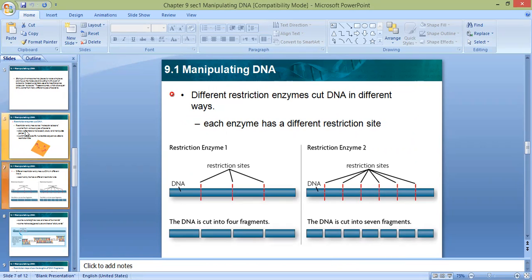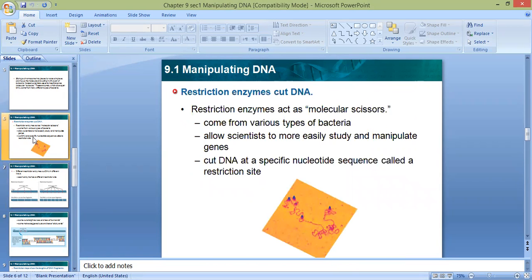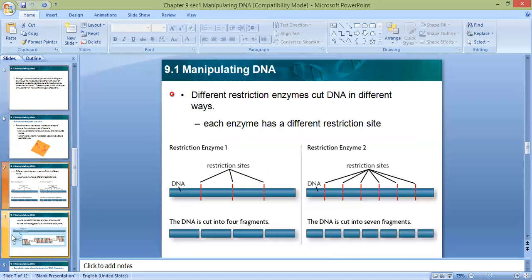We said that restriction enzymes act as molecular scissors. They come from various types of bacteria, and these enzymes allow scientists to more easily study and manipulate genes. Some restriction enzymes cut at three restriction sites, and some cut at more restriction sites.